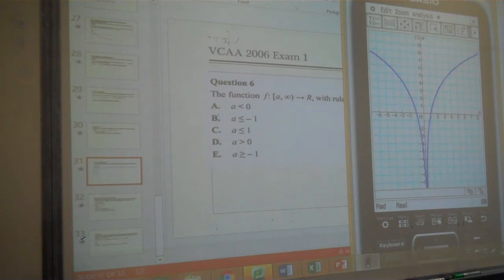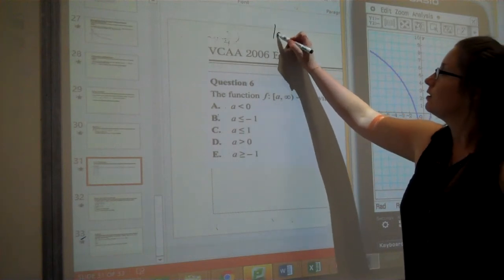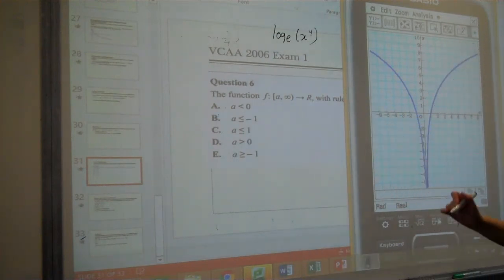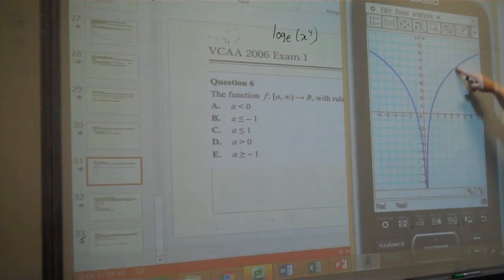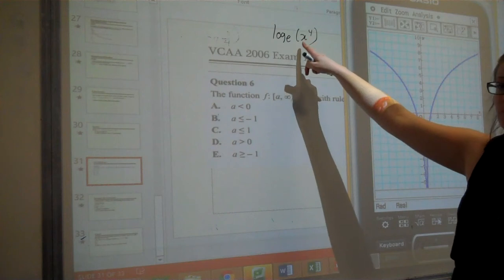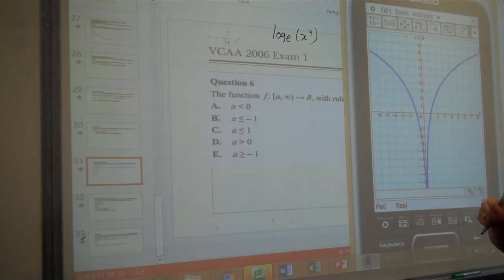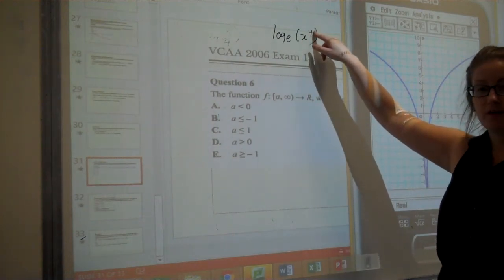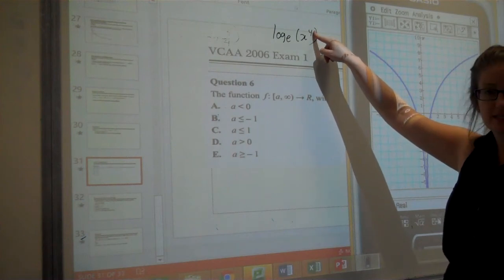Now this does make sense as well. It's the function log base e of x to the power of 4. Normally log base e of x, we would just have this one branch here. Because it's x to the power of 4, this function is also defined for negative values of x. Because if I substitute in a value of -2, to the power of 4 becomes positive 16.